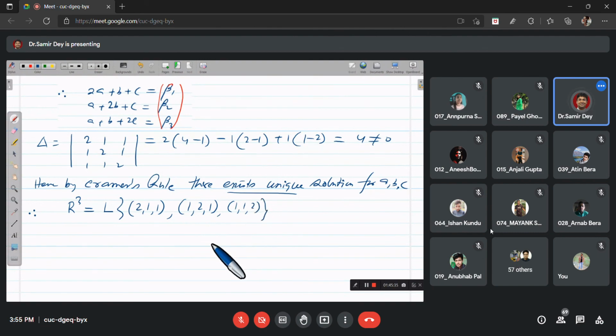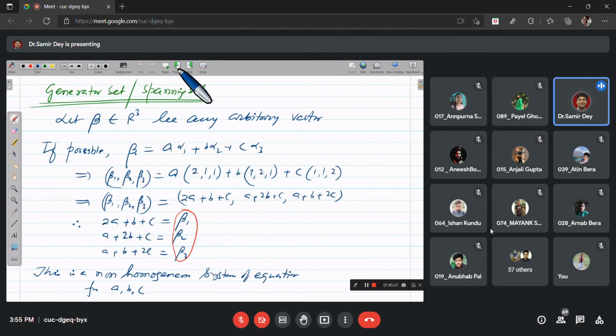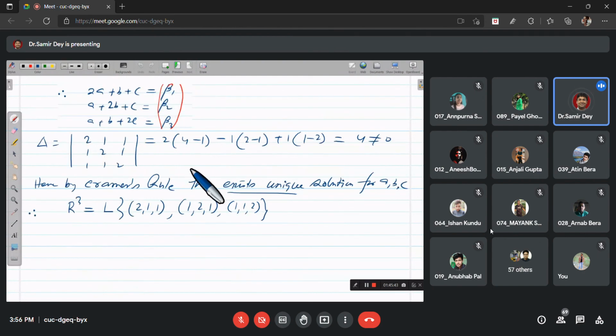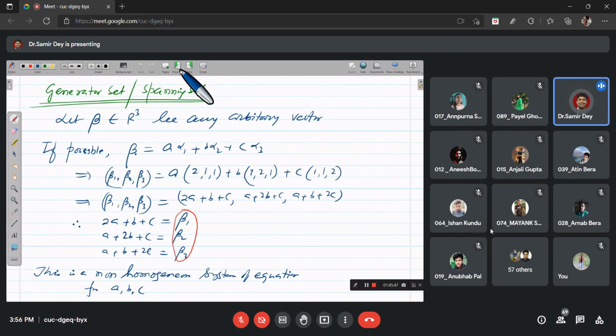I repeat once again. What is beta? Beta is an arbitrary vector, arbitrary in any one, general. So by Cramer's rule, there exists a unique value of A, B, C. If A, B, C are unique, that means beta can be expressed with the help of these three vectors.